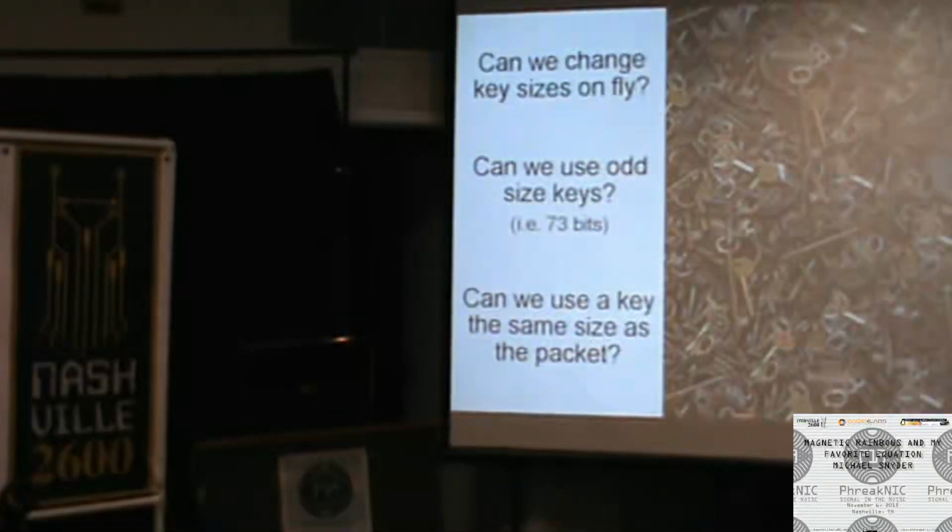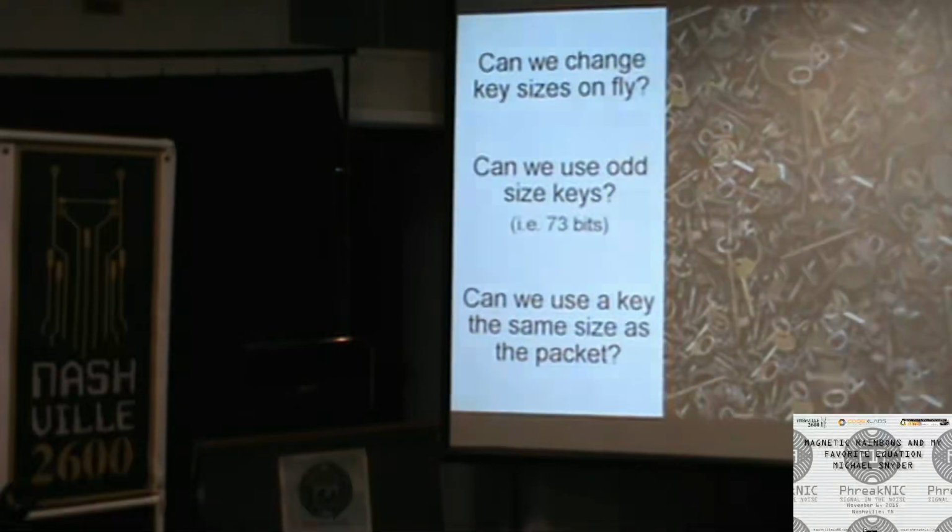So, can we change key sizes on the fly? For example, can the first speed bump be a 64 bit XOR key, and can the next one be a 128 bit XOR key? And could we change back and forth? And the answer is yes. My security protocol doesn't care. When the server gets its instructions from the client, it will use any XOR key it's given, and it will use any permutation mask that's given.